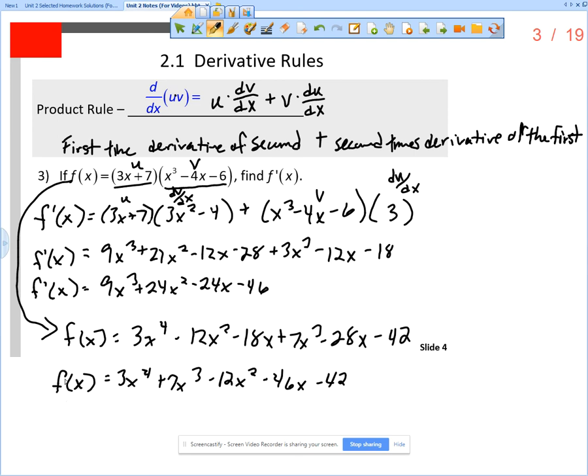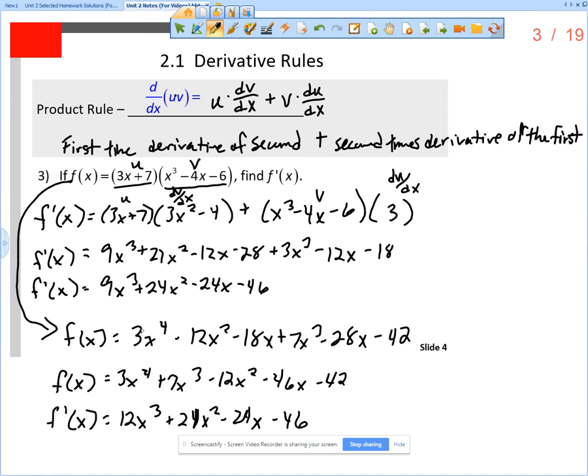So now that's still f, but then if I took the derivative like we did on the previous slide, I would get 12x cubed plus 21x squared, not 24, I apologize, 21x squared minus 24x and then minus 46.